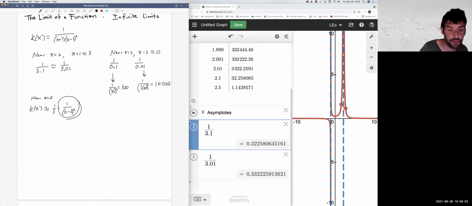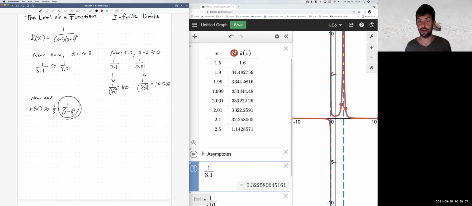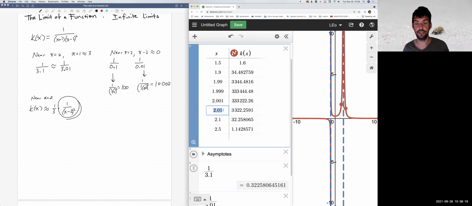And as it gets closer and closer to 0, we get this explosion, which is exactly what we saw in the values here, right? So what did we do? 0.01. That's about a 10,000. So that would be at 2.01. When you have 2 minus 2.01, you get negative 0.01, but we're squaring it, so the negative doesn't matter.